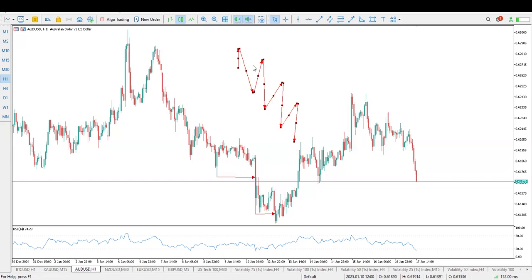So now look at it. Let's start from here. If you observe, you notice that this market was moving downward. Now, we have our point of high here. Remember I told you guys that the market always moves from a point of high to a point of low. So this was our point of high, and this was our point of low.